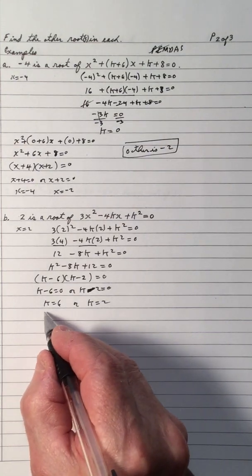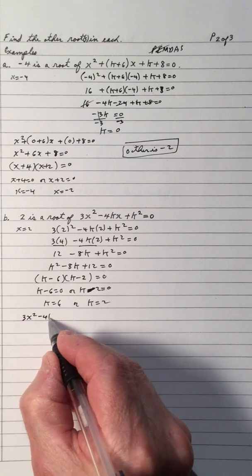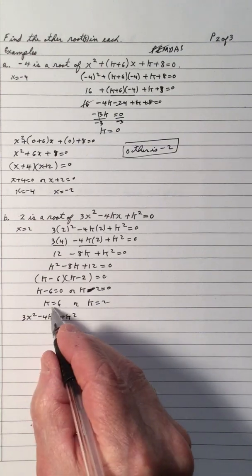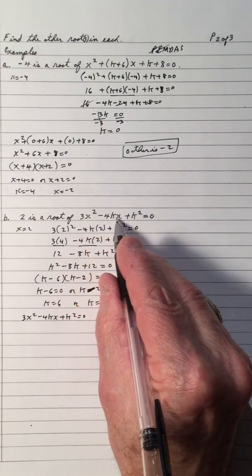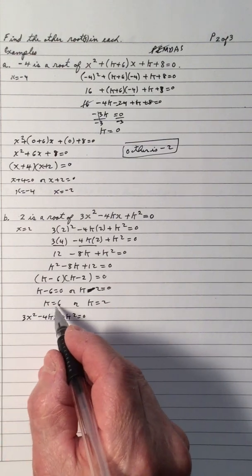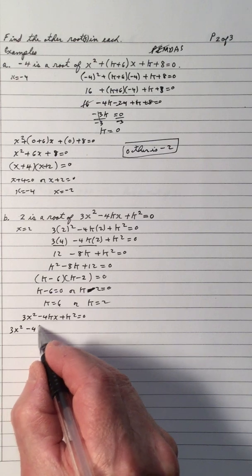So I'm going to put k in. So I have 3x squared minus 4kx plus k squared. So there's the equation. So I'm going to put k is 6 in. I'm going to put 6 in for k.